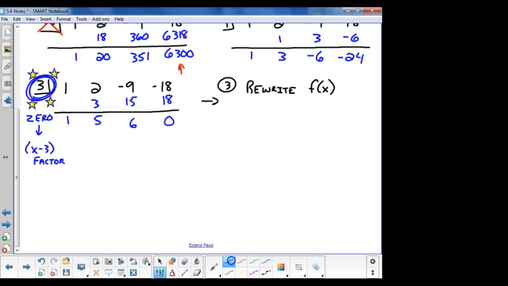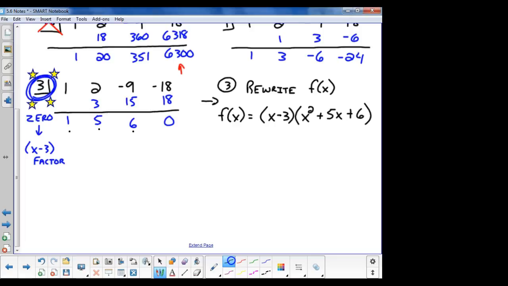Because now f of x is equal to x minus 3 times what? X squared plus 5x plus 6. Okay? From x squared plus 5x plus 6. We drop the degree by 1, rewrite it as is.